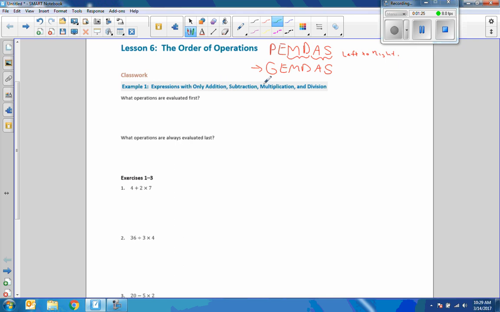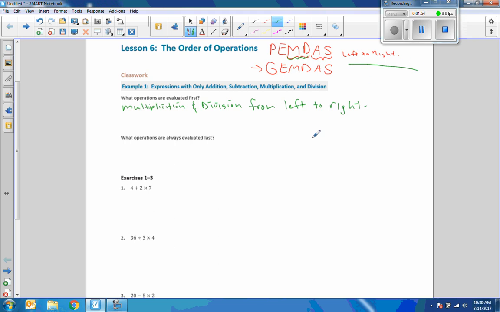Expressions with only addition, subtraction, multiplication, and division. What operations are evaluated first? And that would be right here. So I would say multiplication and division. And I would say from left to right.